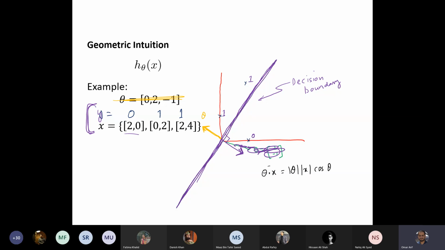Okay. Now the question is which of these two thetas will give you the correct prediction. Correct means that when you compute theta h of x for the 0 class, it is going to give you 0, or it's going to give you a probability which is less than 0.5.